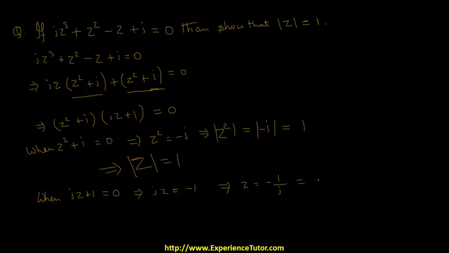If we multiply both numerator and denominator by i, then it will become −i upon i², and i² is equal to −1, so it will become i, which implies that modulus of z is equal to modulus of i, which is equal to 1.